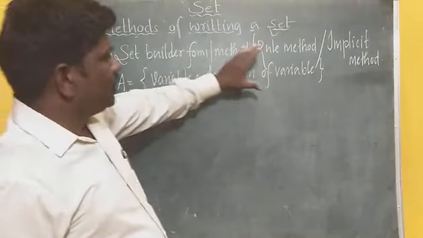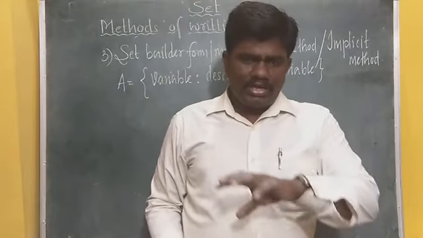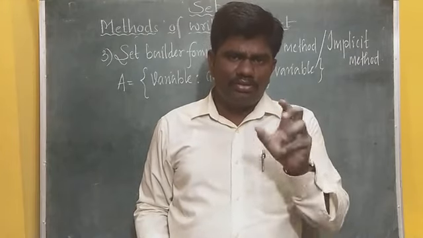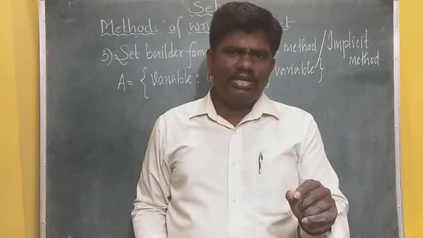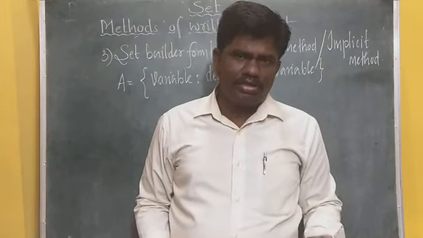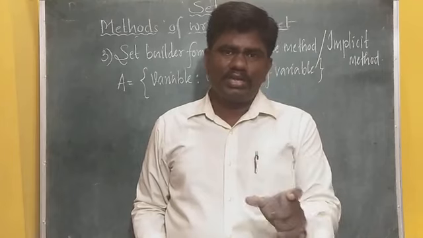So the right part is the description. The description must be, in every way, satisfying to the reader. The one who is reading the description must be able to write all the elements which belong to that description. There should not be any doubts, and there should not be any further questions regarding that variable.